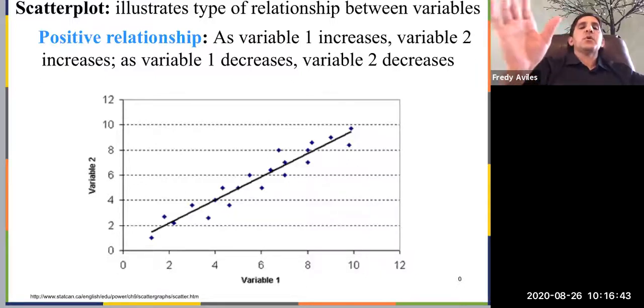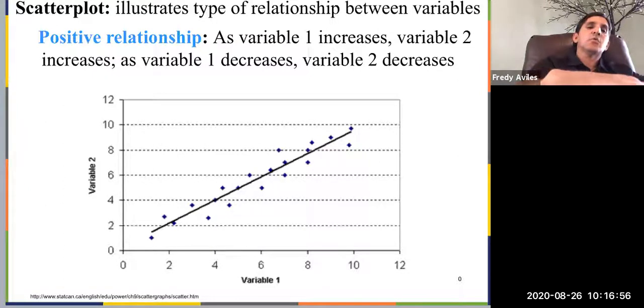Let me look at another point just to make sure you understand, okay? Because the numbers don't have to be the same. Let's look over here, 8, right here. When variable 1 is 8, go up, find a point there. First point you find there, when variable 1 is 8, variable 2 is about 7.